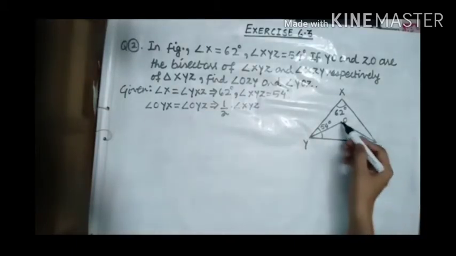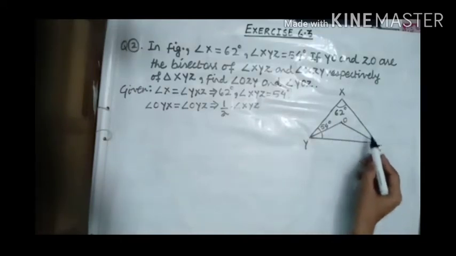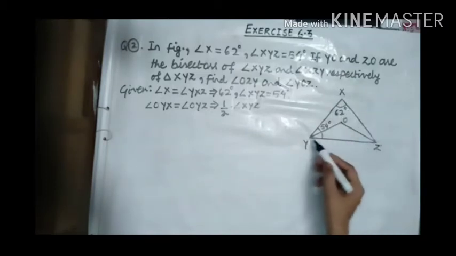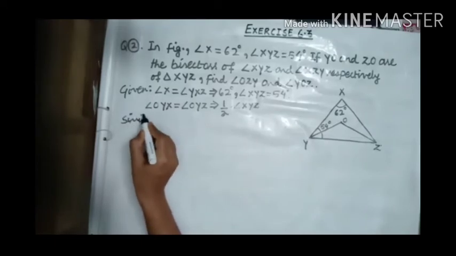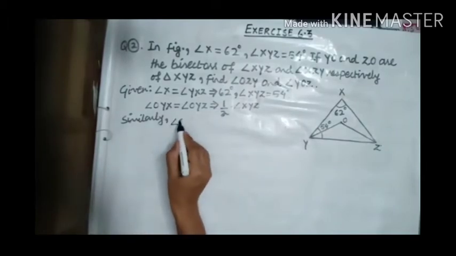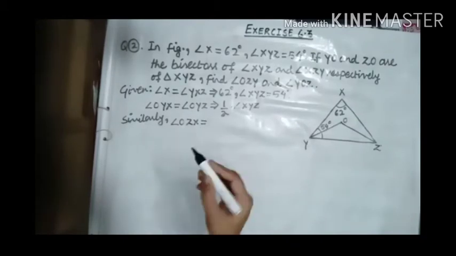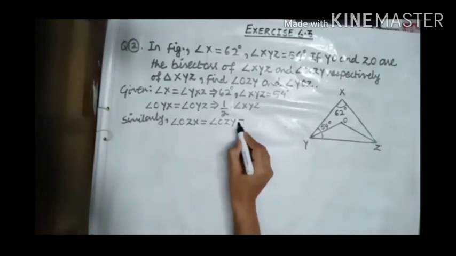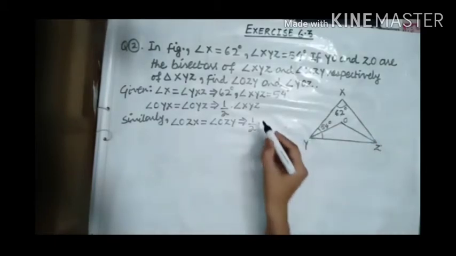Similarly, as ZO bisects the angle XZY, therefore each of angle OZX and angle OZY will be half of angle XZY. Similarly, angle OZX equals angle OZY, and each of these two angles will be half of angle XZY.